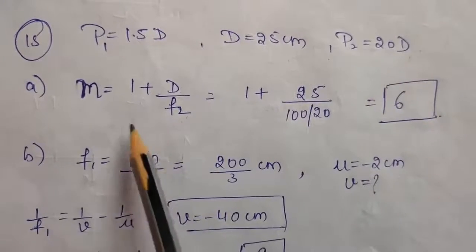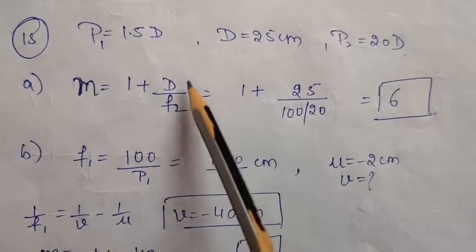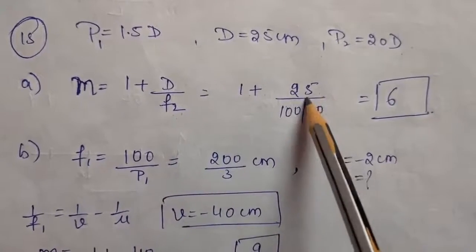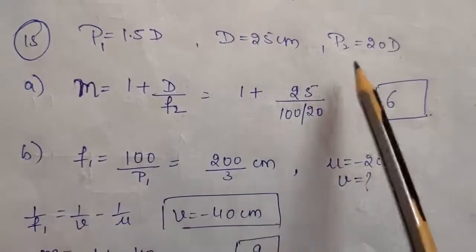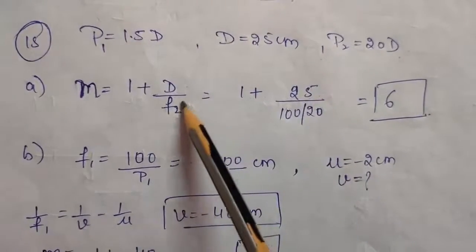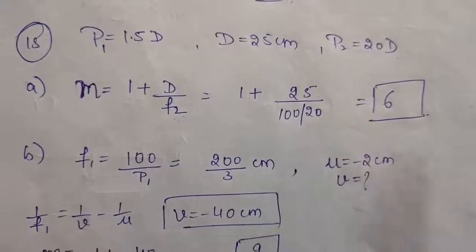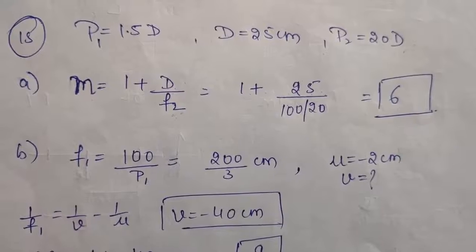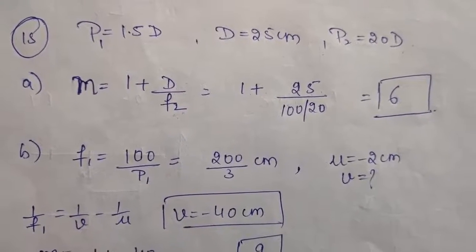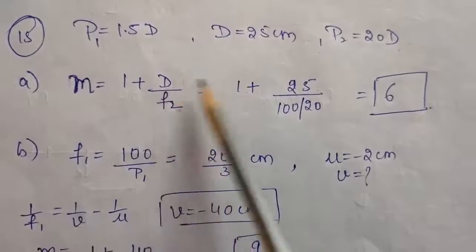So magnification is 1 plus 25 by F2. And as I have told you in theory lectures, because we are calculating focal length in centimeters, F2 will be 100 by 20. So that will give you 6. The main thing here is when he is wearing his glasses, the image will be formed at the least distance of distinct vision, that is 25.